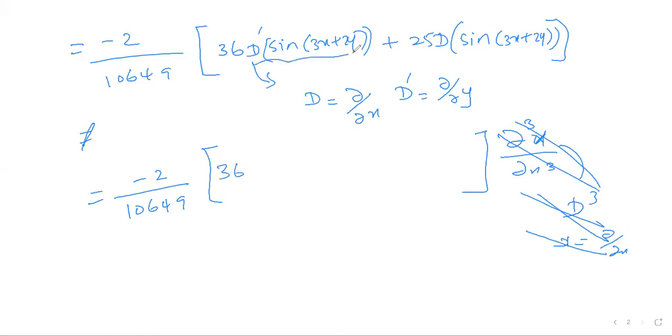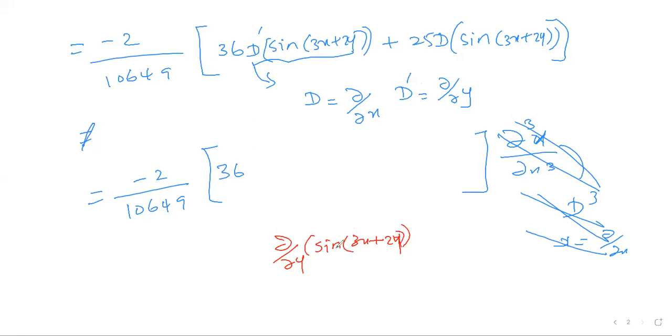See here, 36 there. So what is d dash? D dash I'm going to transform to daba over daba y. So I'm just writing here: daba over daba y of sine 3x plus 2y. What is this? It's like a differential equation of this one, no?